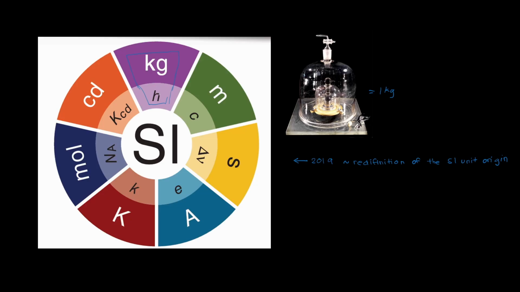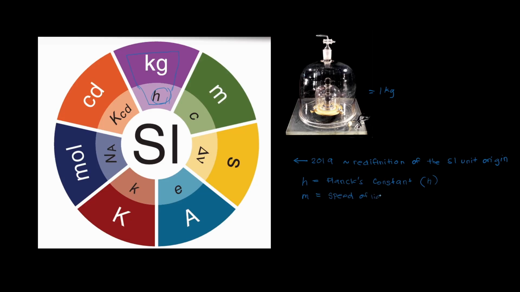This one here is actually Planck's constant, h. Now the kilogram originates from Planck's constant. The same goes for the other units here. In the outer layer, for instance, we have the meter. The meter is based on the speed of light.